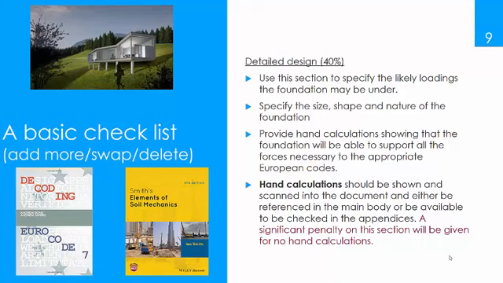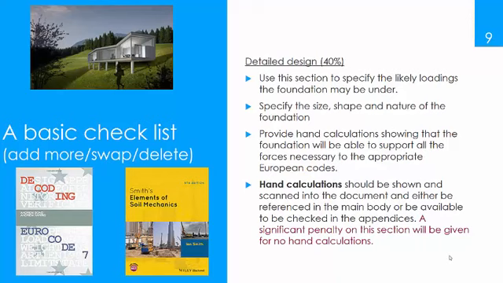But it's your research, it's completely up to you. The most important thing is that hand calculations should be shown and scanned into the document, and either be referenced in the main body or be available to be checked in the appendices. If there are no hand calculations, there will be a significant penalty on this section.